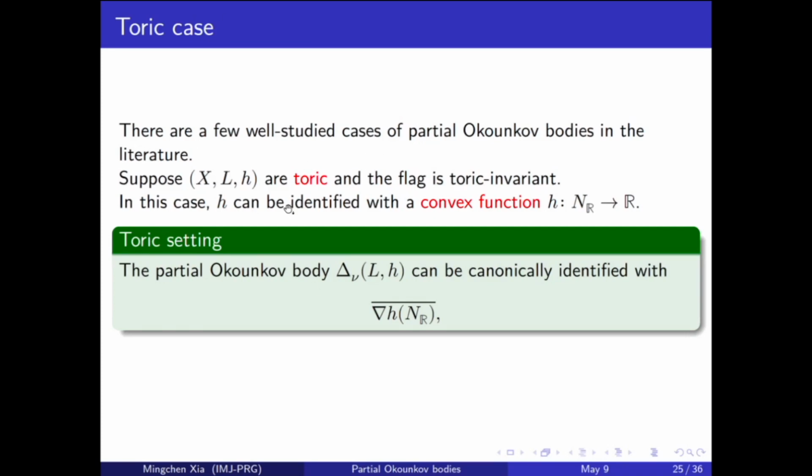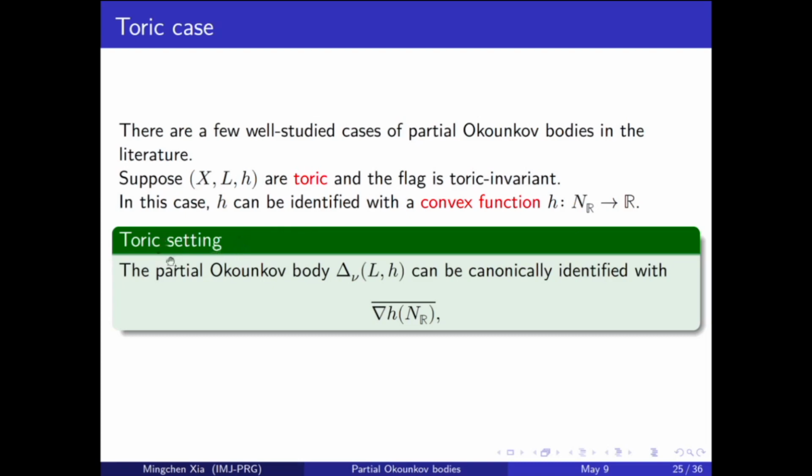Let's suppose that everything here is toric: our variety, our line bundle, the singular metric, and the flag. Everything is supposed to be toric invariant. In that case, it's very well known that the singular metric can be identified with a convex function from the corresponding cocharacter lattice tensor R to R. N_R is something like R to the n.